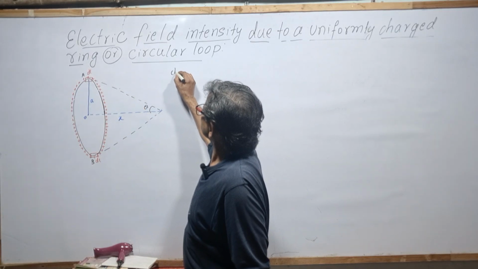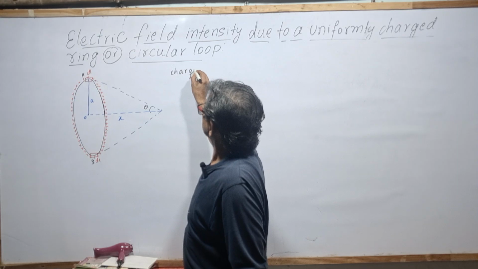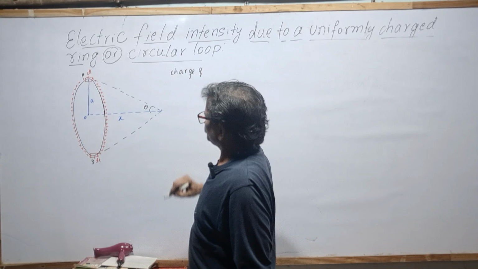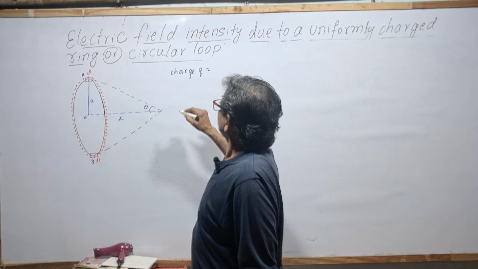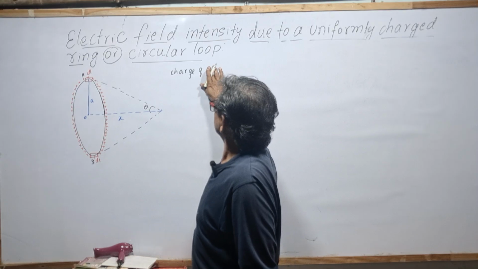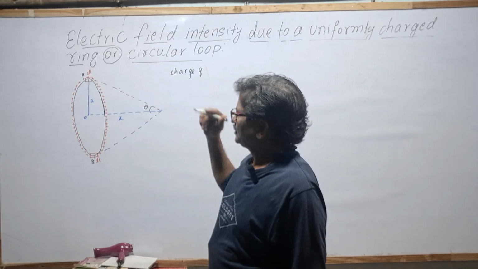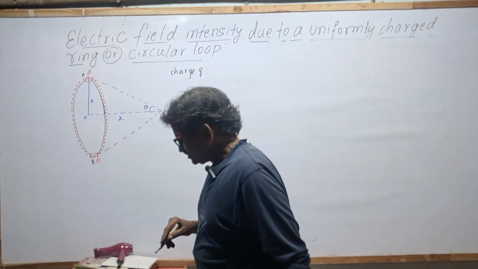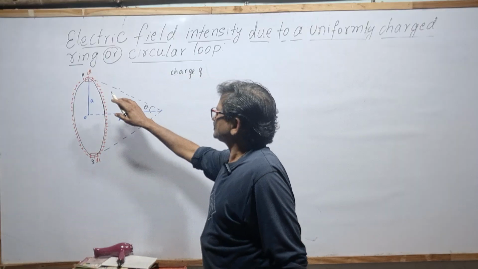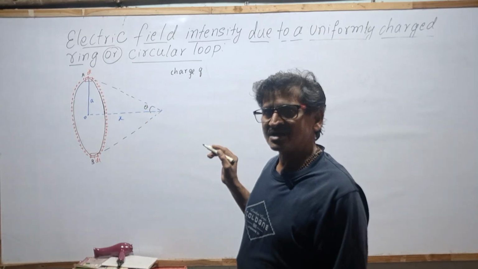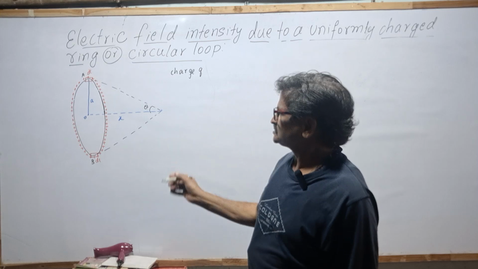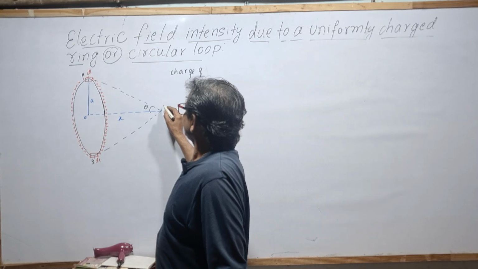The total charge is Q, and we want to find the electric field due to this uniformly charged ring at the point here.